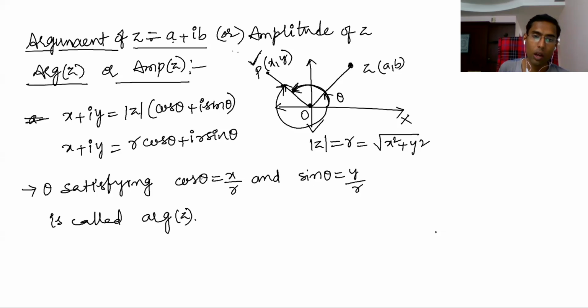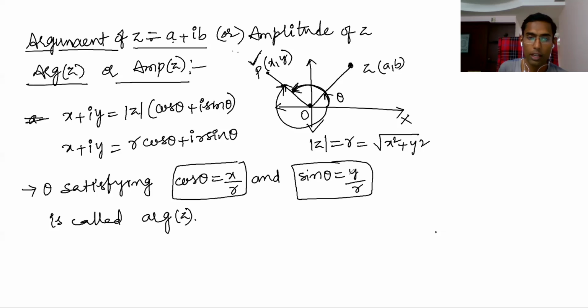Now here these are trigonometric equations, sin theta and cos theta both. Cos theta equal to x by r and sin theta equal to y by r, both equations should be satisfied.